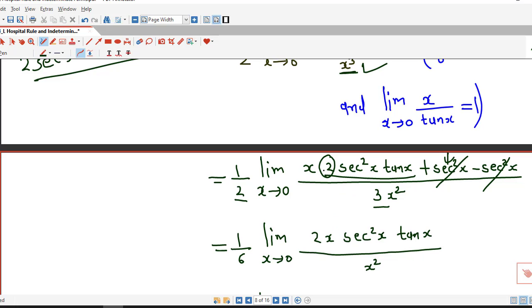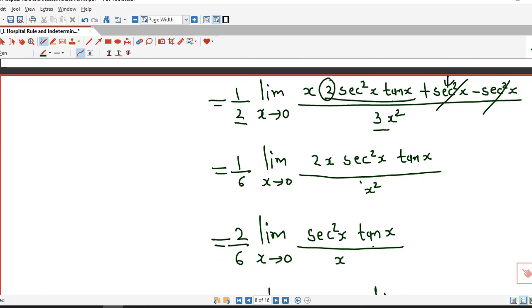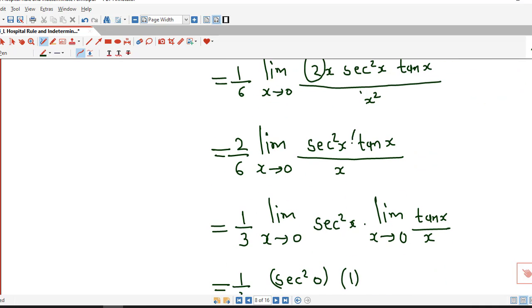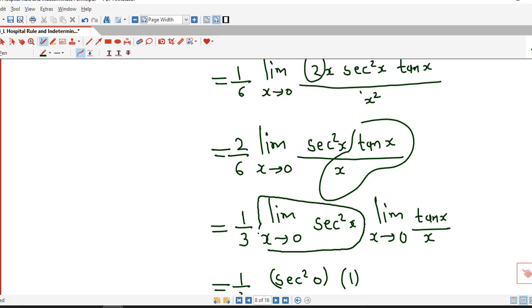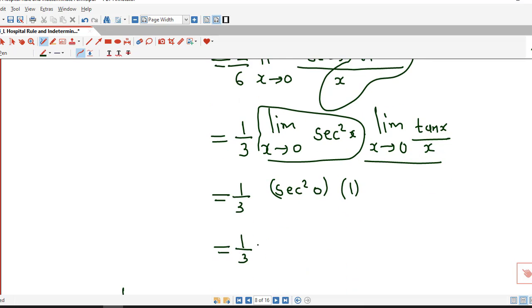So we have limit of 2x sec square x tan x over x square, and this 2 we have taken outside in the next step, and we have limit of sec square x into tan x divided by x, because we have x square here, so one x will cancel out. And this we again rewrite as a product of two functions, limit of tan x by x into limit of sec square x, and sec 0 is 1 and this is also 1, so we have 1 by 3 into sec square 0, which is 1 by 3.